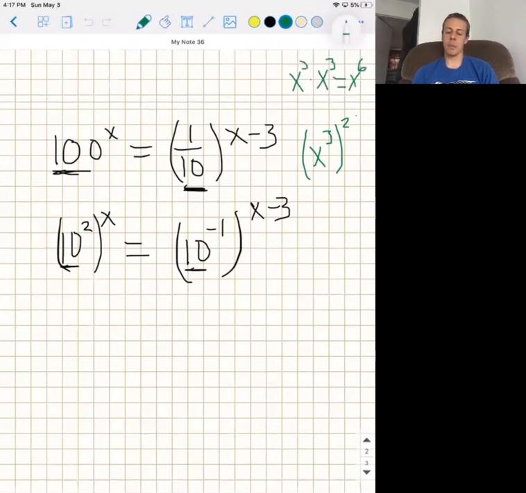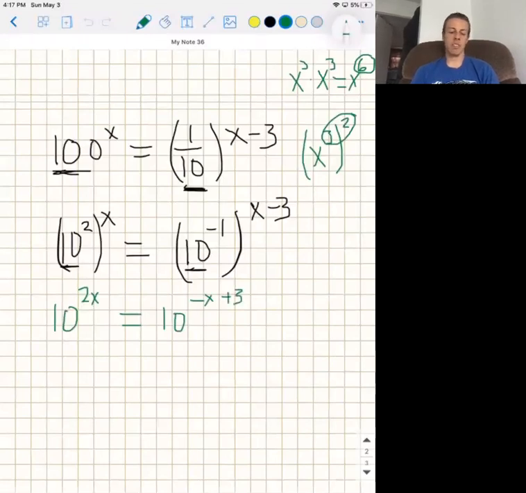So when you have a power of a power, you can multiply the exponents, right? 3 times 2 would give us our 6. So I can multiply, I'll say 10 to the 2 times x, or 2x. With this other side, we have 10 to the negative 1 times x minus 3, and negative 1 times negative 3 would be plus 3.